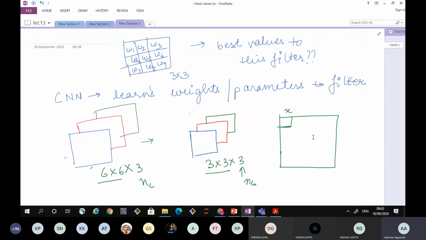In that case it should work, even if I'm flattening this whole thing and giving it as input to my neural network, but sometimes it may not extract all the features.